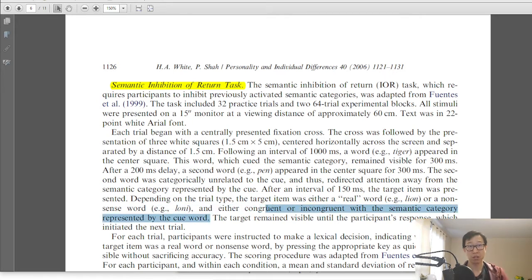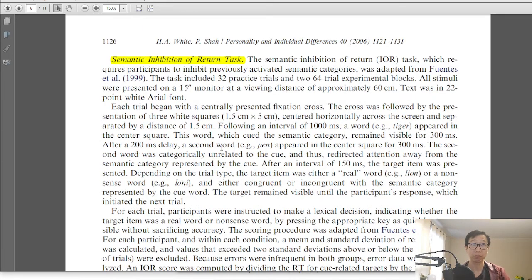So the congruence and incongruence, I'm not sure how this fits in with the idea of inhibition, but I believe the idea overall is that you're supposed to see this word and then try and ignore the second word that was shown, in this case pen, and recall whether or not loney is related to tiger. So I believe that's how it tests inhibition.